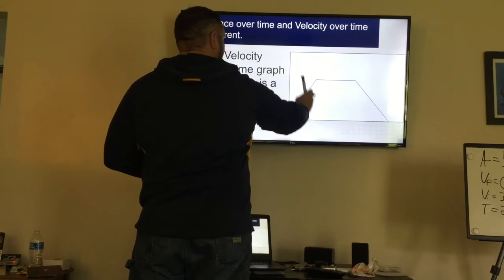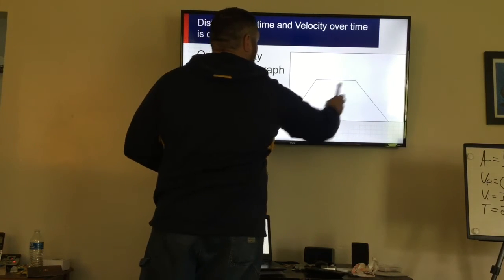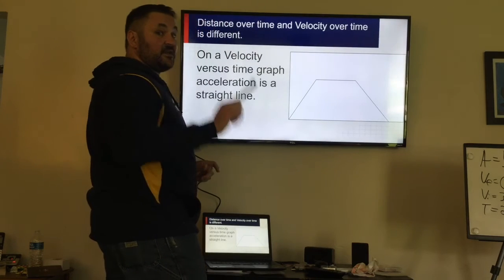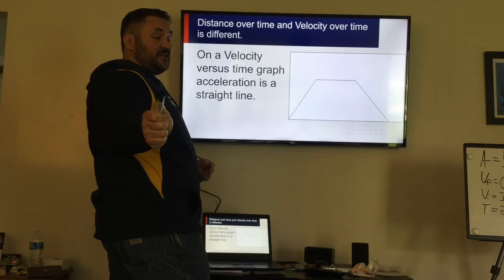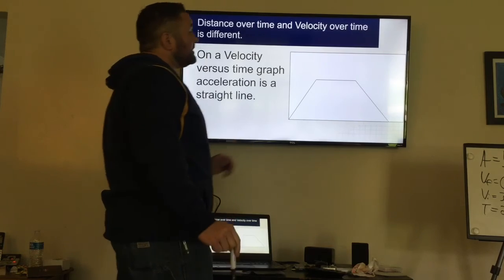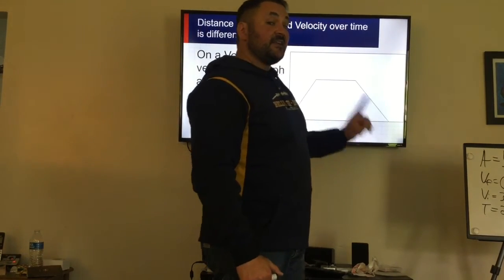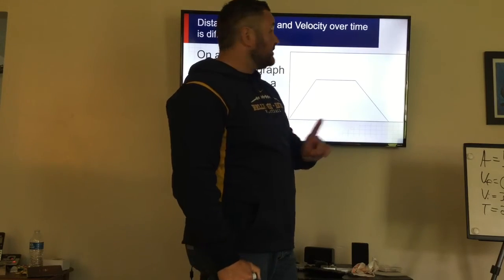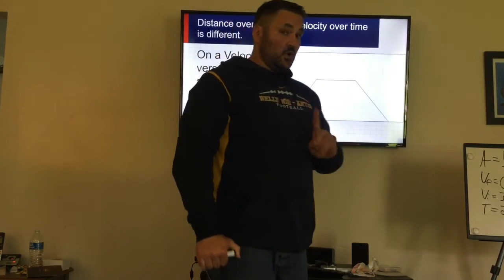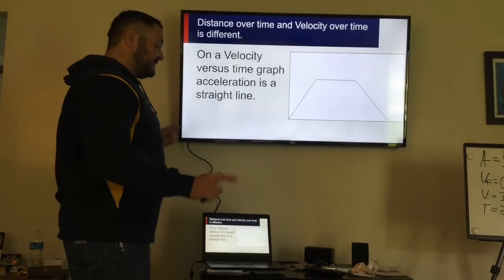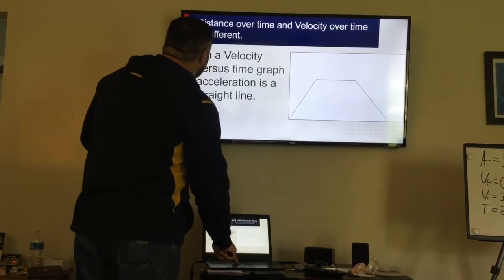If it is still a velocity over time graph and it is now a horizontal line, that is constant velocity. That is 0 acceleration. And in this part right here where it is sloping down, that is negative acceleration on a velocity over time graph. They are not the same thing as a distance versus time graph.